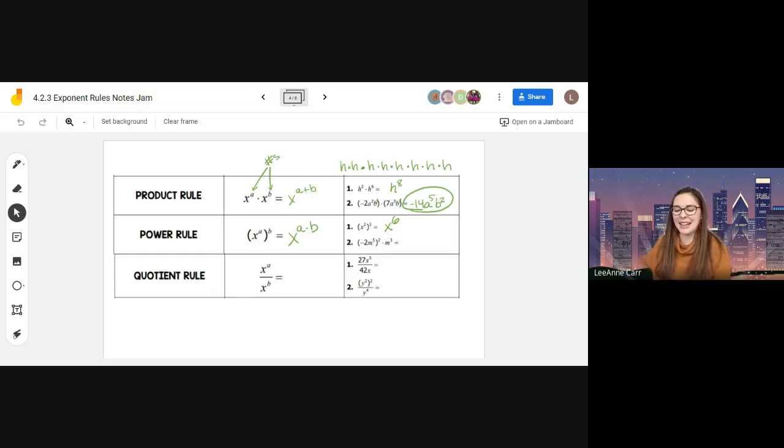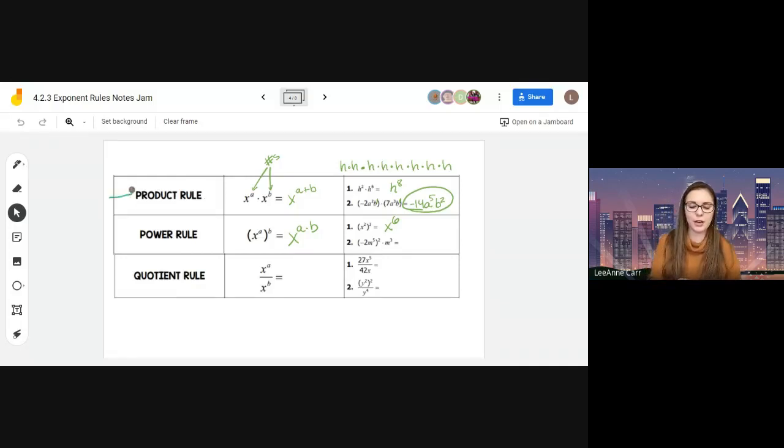All right, let's look at the quotient rule. Let's step back a moment. Quotient means divide. We can tell that, we have our line there, which indicates division. And kind of the opposite of division is multiplication.